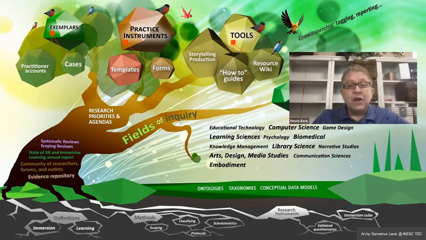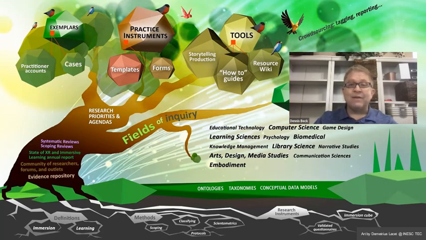The branches are the fields of inquiry, things like ed tech and computer science and game design, and so many other thousands of academic fields, but also the research priorities and agendas in the field of immersive learning. Then coming off the branches are the leaves.